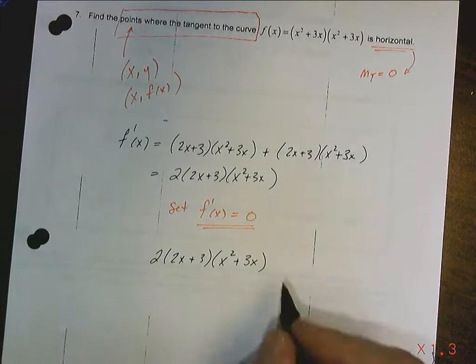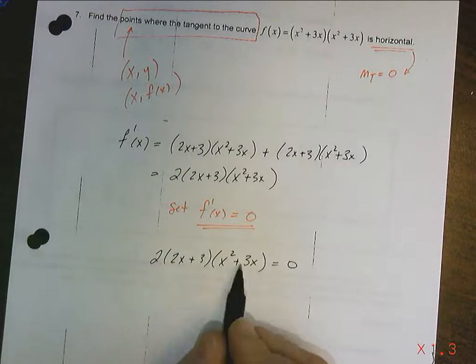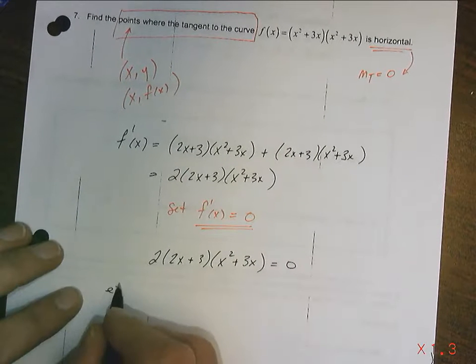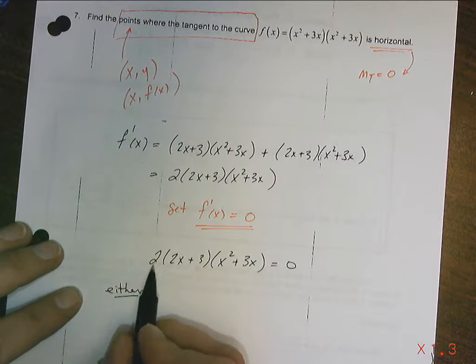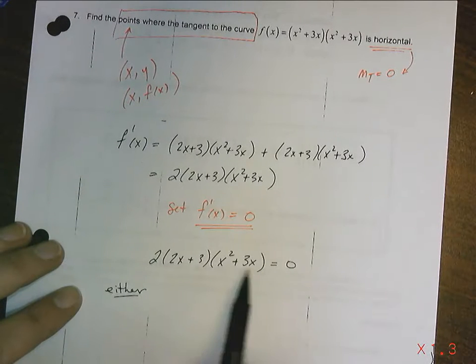Now, I've got 1, 2, 3 things here that are multiplying to give 0. So either, there's no way any value of x is going to make 2 equal 0. So that's out of the question. The other way to think about it is dividing both sides by 2. That 2's gone and we still have 0.